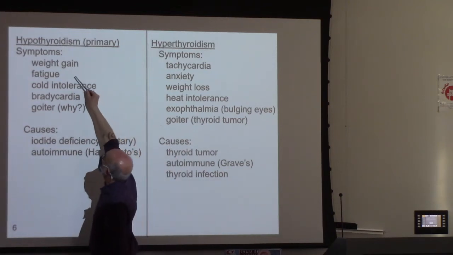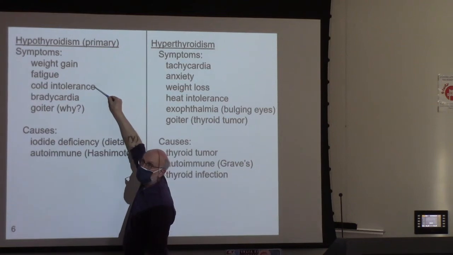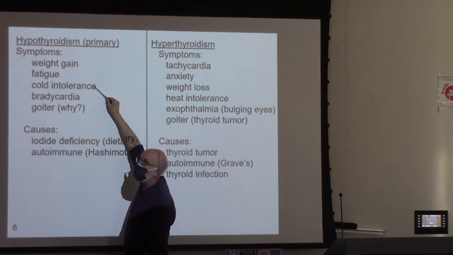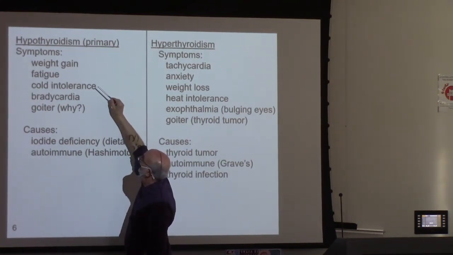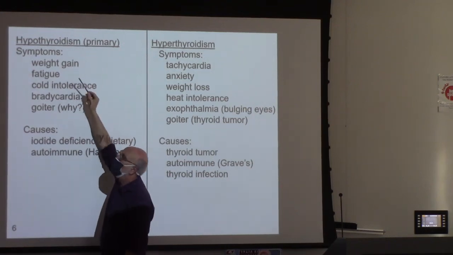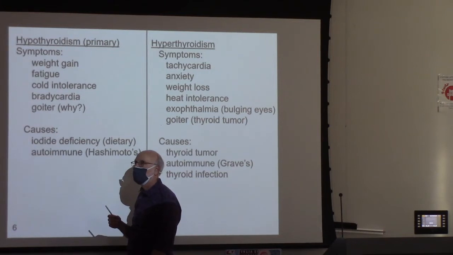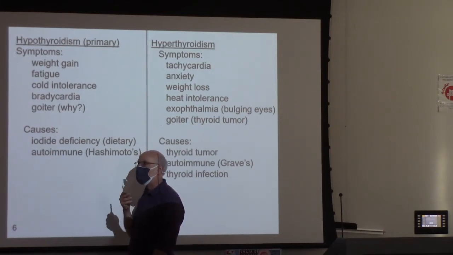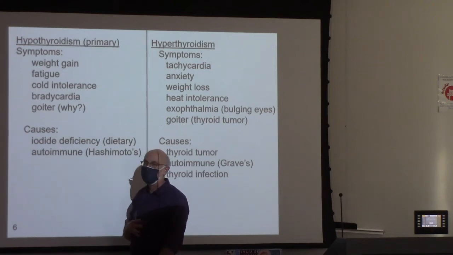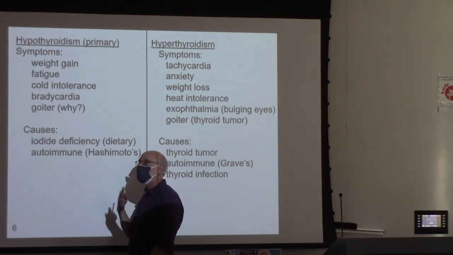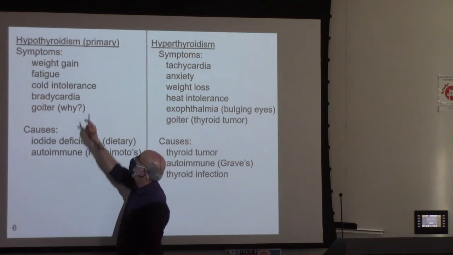Primary hypothyroidism leads to low production of heat, so people are intolerant of cold, fatigue, weight gain because, well, fat is less sensitive, slow metabolism without decreasing appetite leads to weight gain.